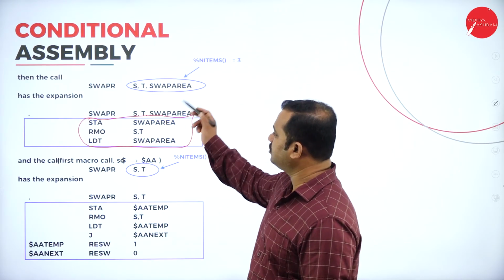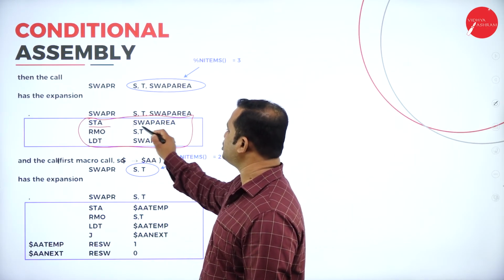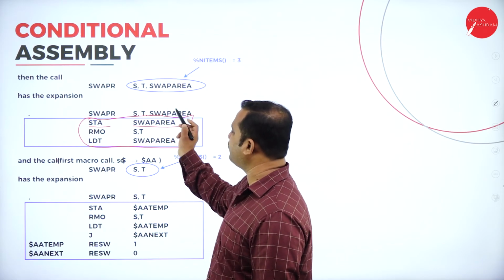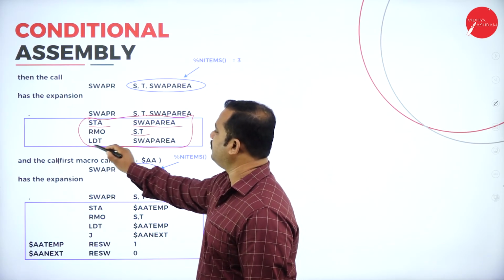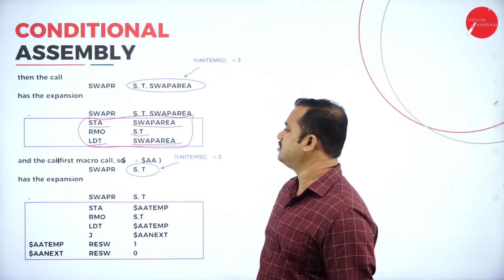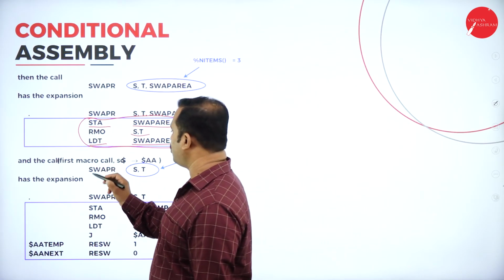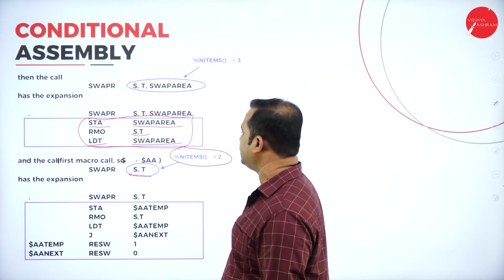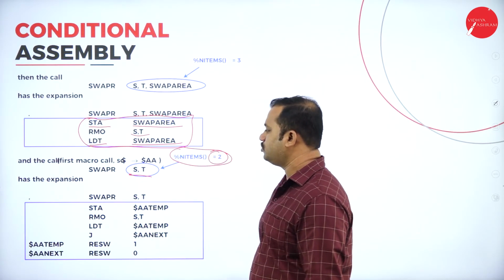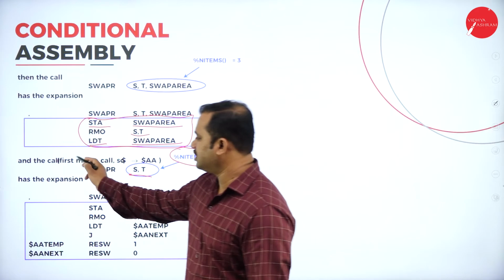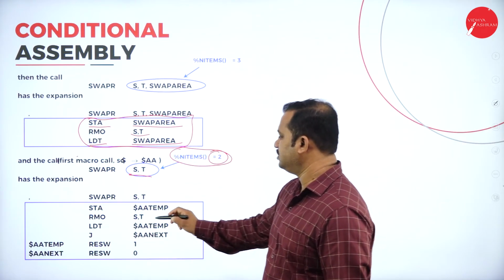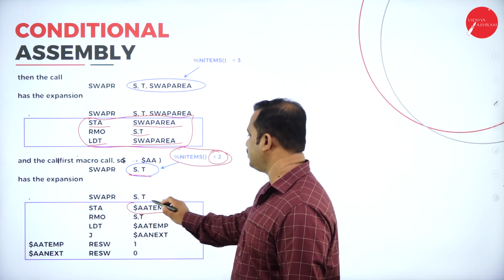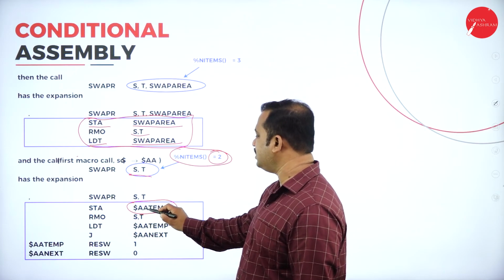Then it is going to be expanded in this version, that is the swap area. We have S, T, we have this swap area. So similarly, the first macro call leads to S, T, where the number of items present is 2, which is equal to 2. Similarly, it has the expansion like this, that is STA is equal to ampersand A $AA temp.